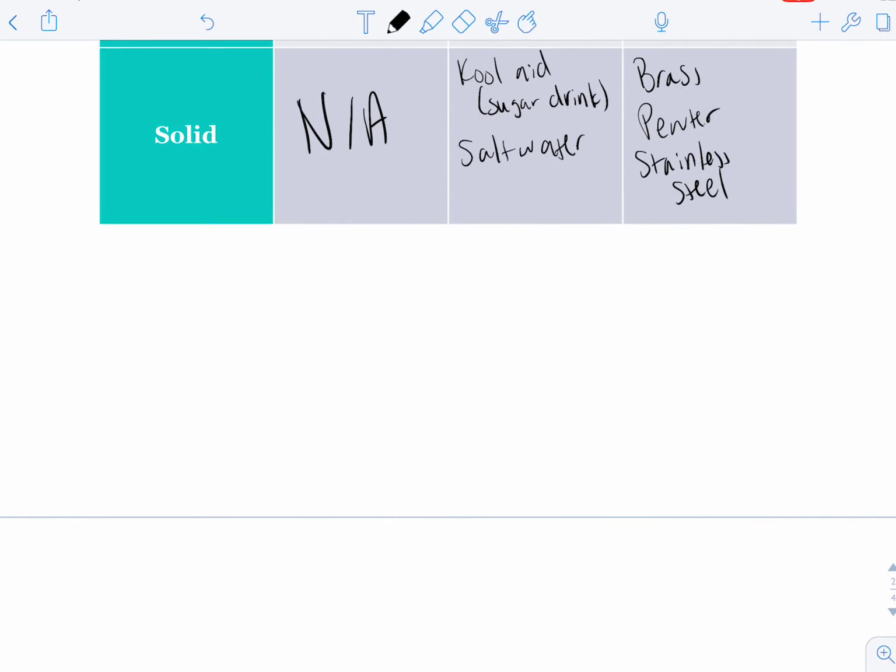Okay. So let's look a little bit more at what solubility means. Solubility is a term we will use a lot.